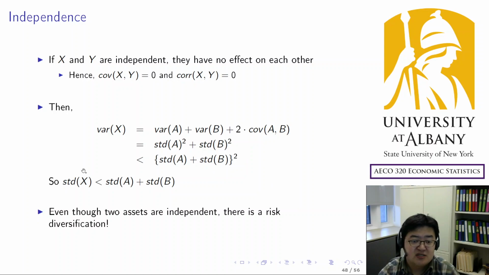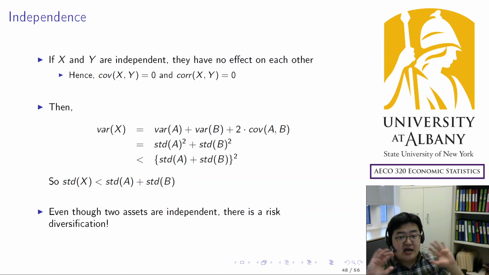So the standard deviation of your portfolio is smaller than the sum of the risks in each asset. That means even if two assets are uncorrelated, independent of each other, they still help each other reduce the risk. So risk reduction is more universal, more ubiquitous in any assets. It's a very powerful tool in investment.